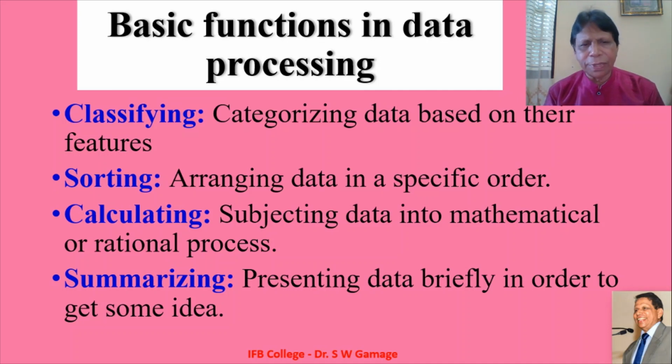After sorting, we put the data through a rational process, that is calculating. At last, we come to some idea. We present the data briefly in order to get some idea, that is summarizing.